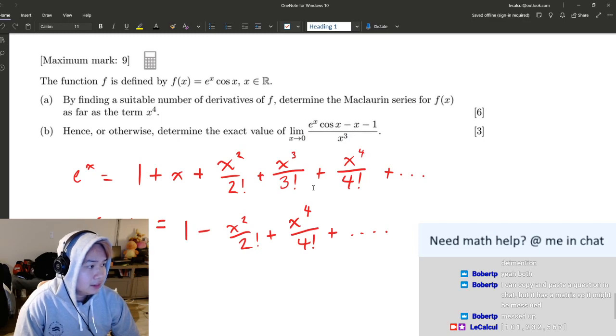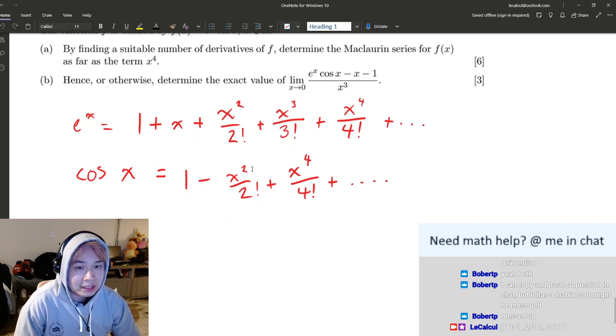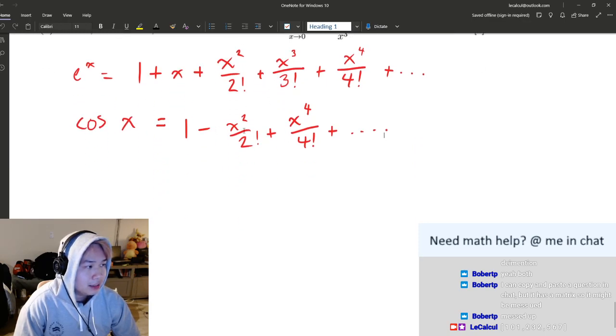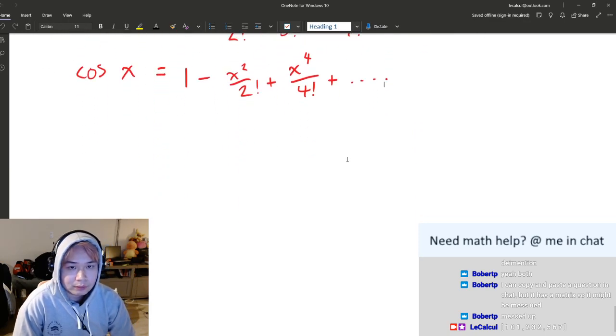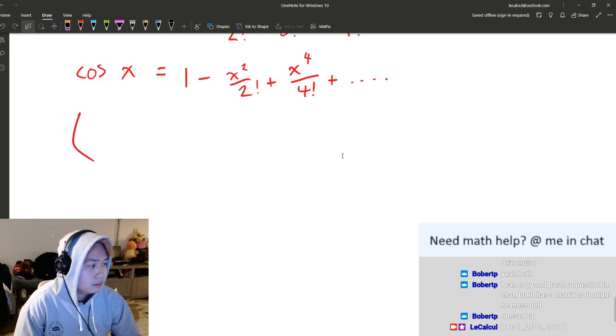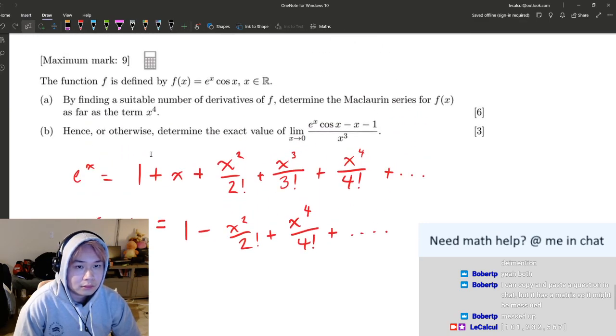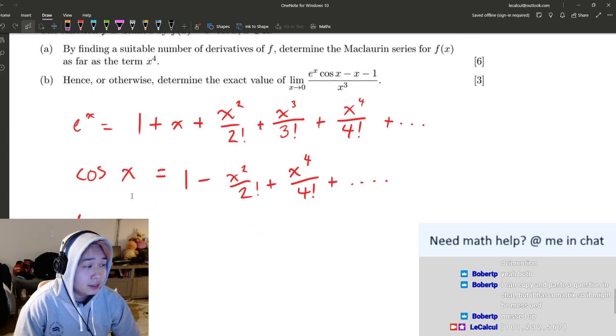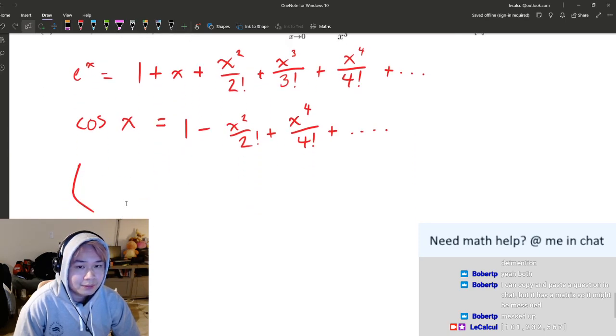But anyways, while Barbara's doing that, here's all the terms of each Maclaurin series that goes up to x to the power 4. And then if we multiply them together, the Maclaurin series is just the multiplication of these two Maclaurin series. Honestly, I feel like this is a longer way than doing it their way.